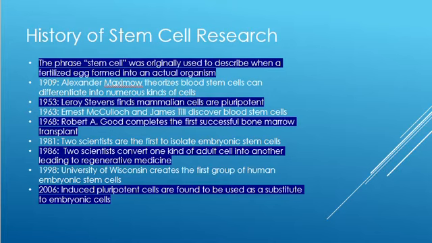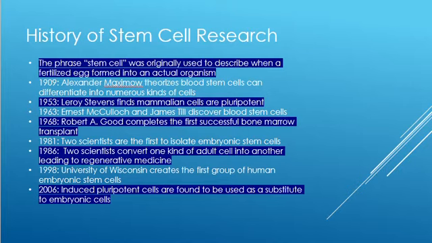In 1986, two scientists were able to find one type of adult stem cell that could be used for regenerative medicine. They used rodent fibroblasts, which is a type of connective tissue, and it could be used to help regenerate muscle cells.